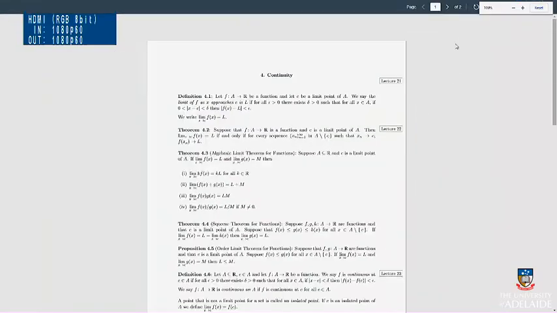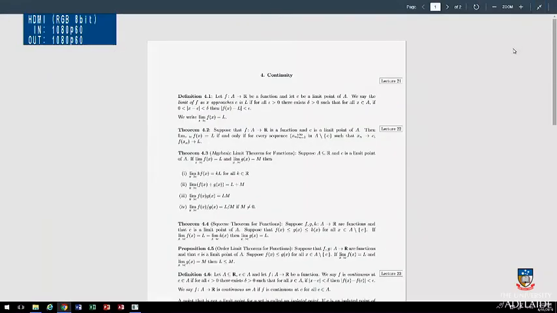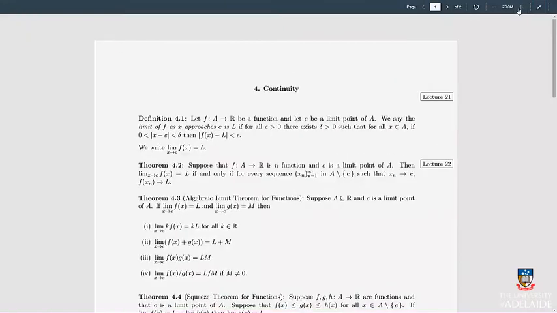No, that's not how that works. This is a limit, okay. Let's see, be a limit point of A. What does limit point of A mean? That was back in topology, was it?